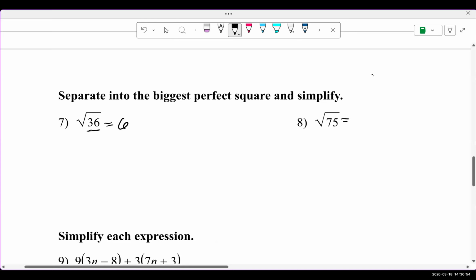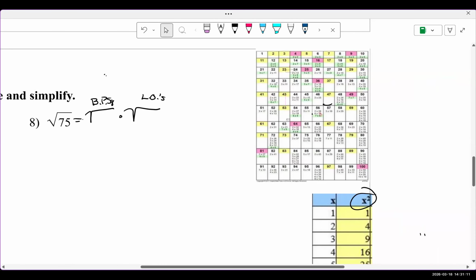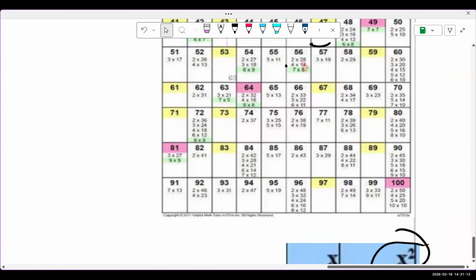Okay, 75 is not a perfect square. We are going to separate it into the biggest perfect square and the leftovers. So I need to think of the factors of 75 and what is the biggest perfect square.